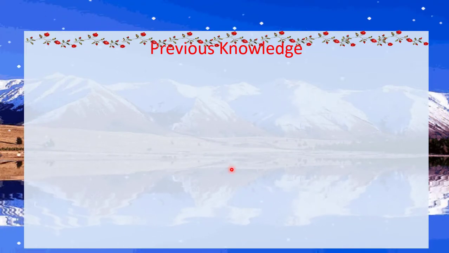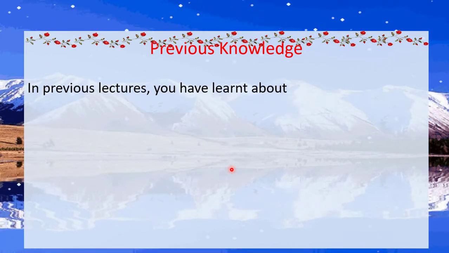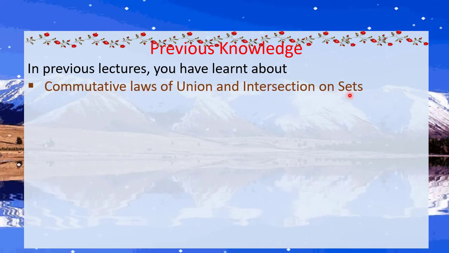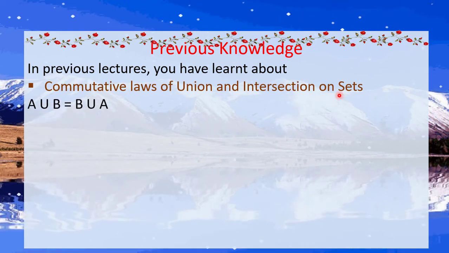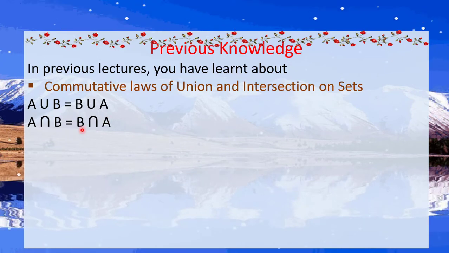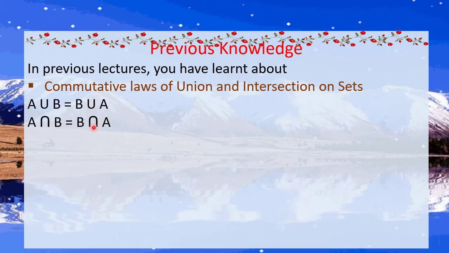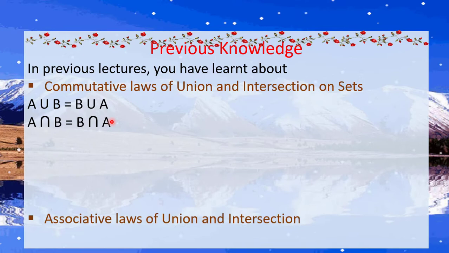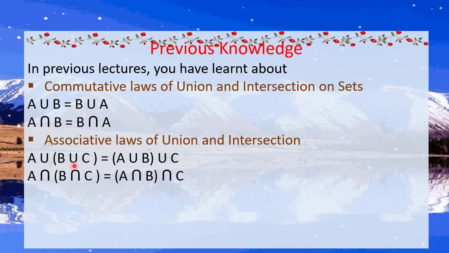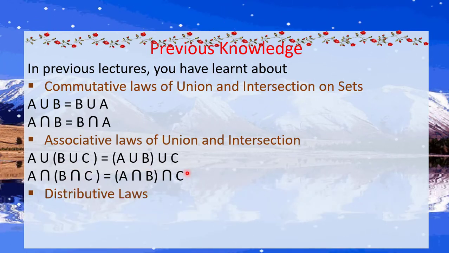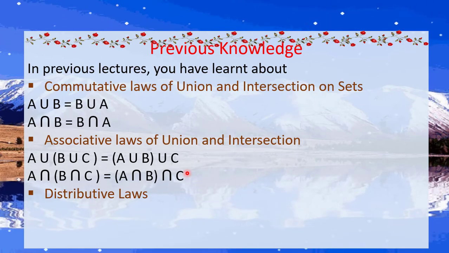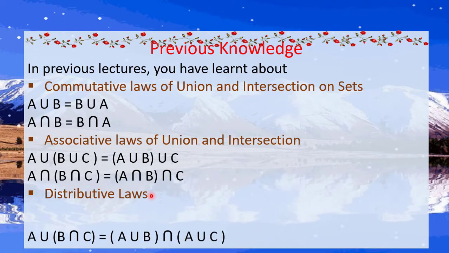In previous lectures, you have learned about commutative laws of union and intersection on sets. If A and B are two sets, then the commutative laws with respect to union and intersection are written as: if A, B and C are three sets, then the associative laws with respect to union and intersection are written respectively as: if A, B and C are three sets, then this is called the distributive law of union over intersection.